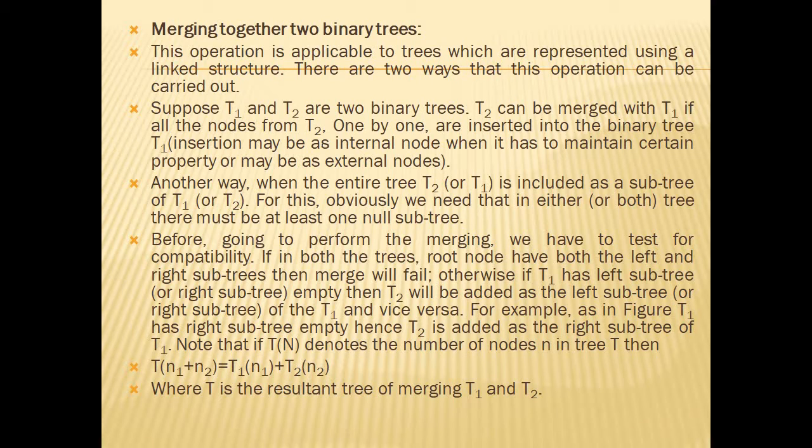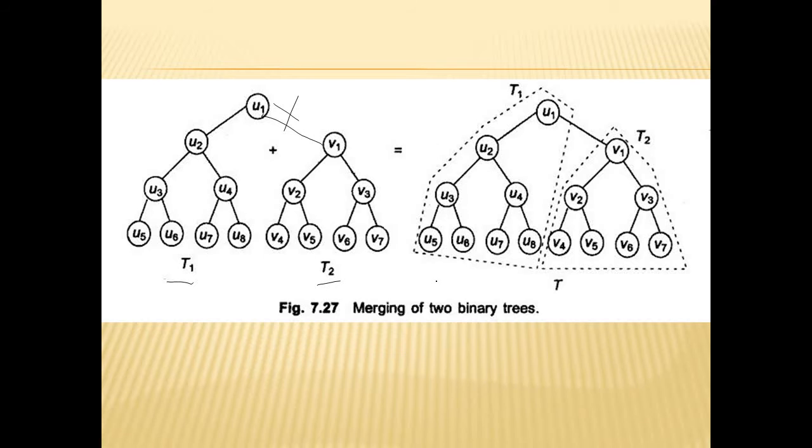So before performing the merging, we have to test for compatibility. If in both the trees the root node has both left and right subtrees, then merging will fail. So that is about merging of two binary trees. Here we merged two binary trees and this is the final result.